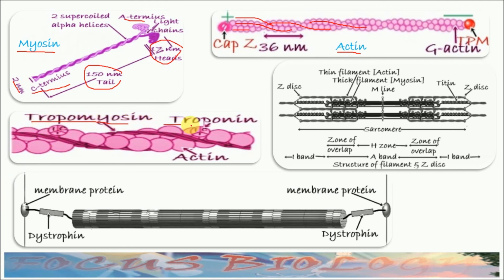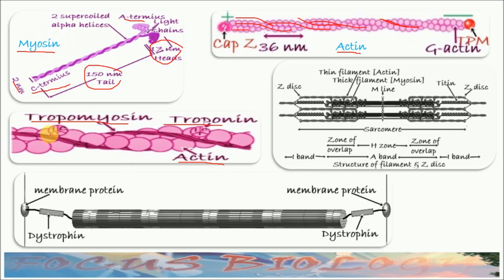tropomyosin and troponin. Tropomyosin is a rod-like structure. It fits into this groove. Here you can see this one is the groove, and this groove is filled with tropomyosin. One tropomyosin is associated with 7 actin molecules, right? And here this is troponin.